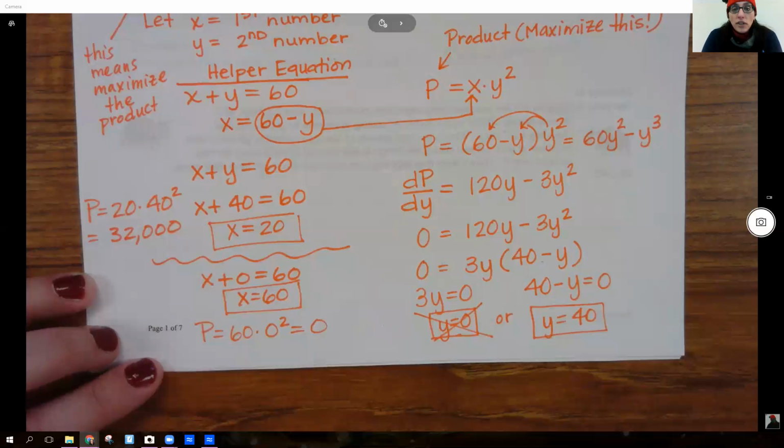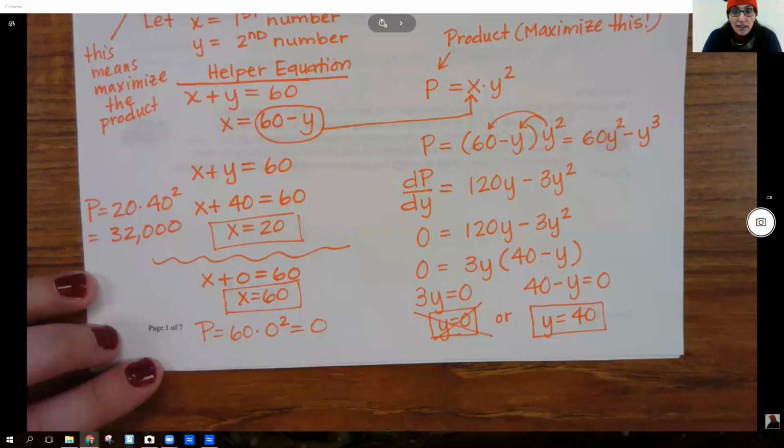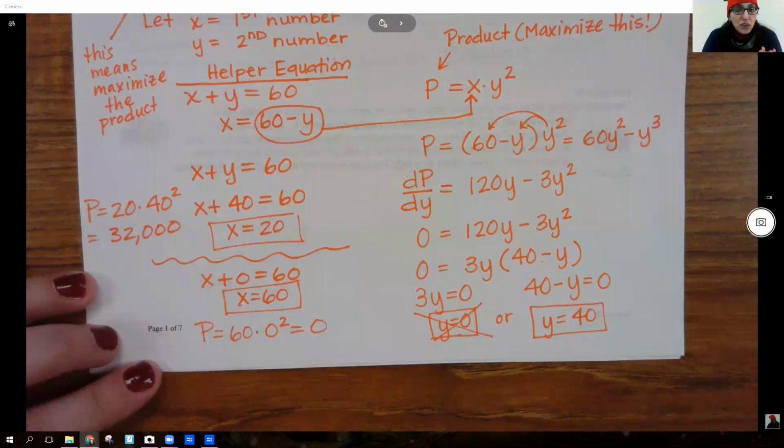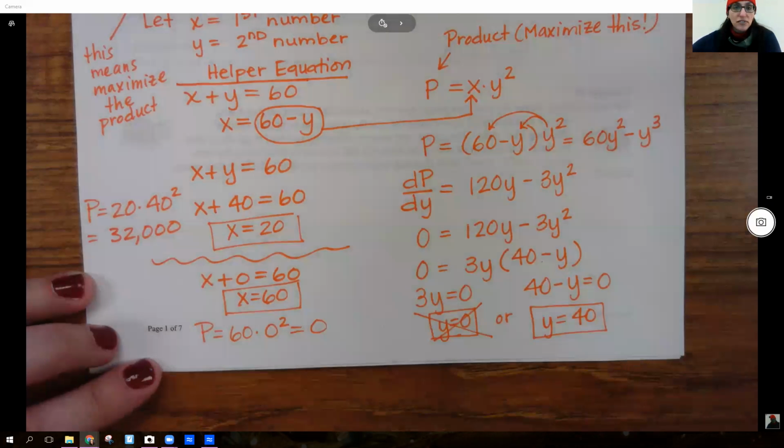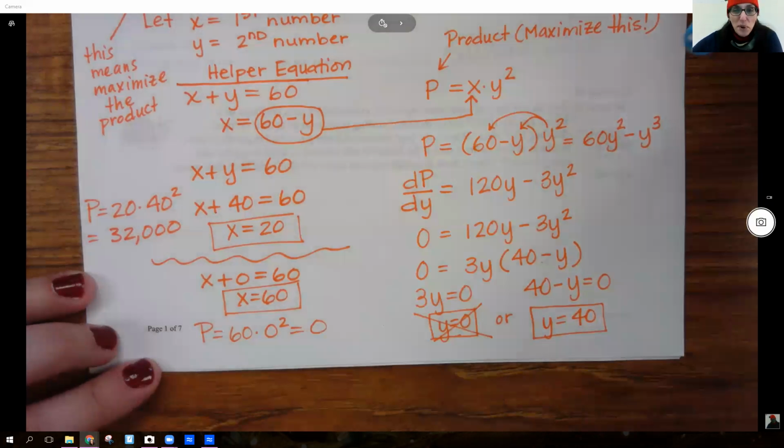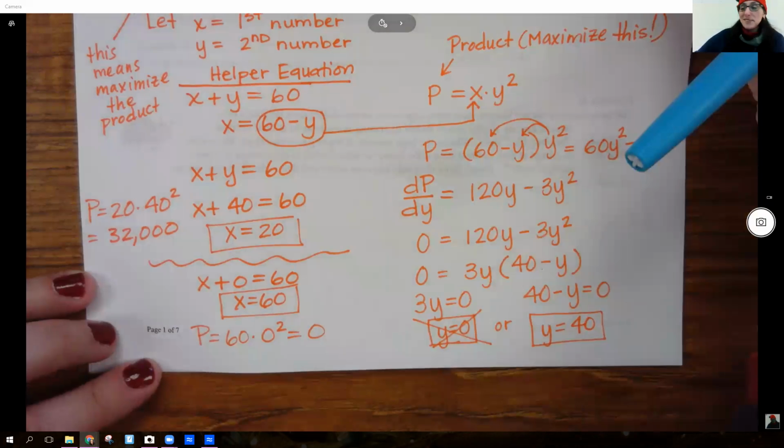Once you get that second equation all in terms of one variable, you're going to take the derivative of it and set it equal to 0. Solve it, and then plug back in at the end. Okay? That's all you're doing. 2 equations, take a derivative, set it equal to 0, solve. The hard part is coming up with the equations sometimes.